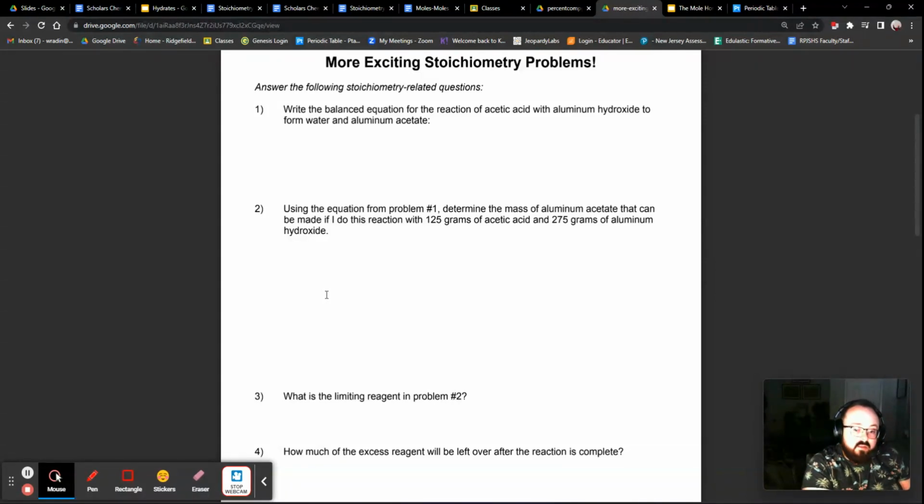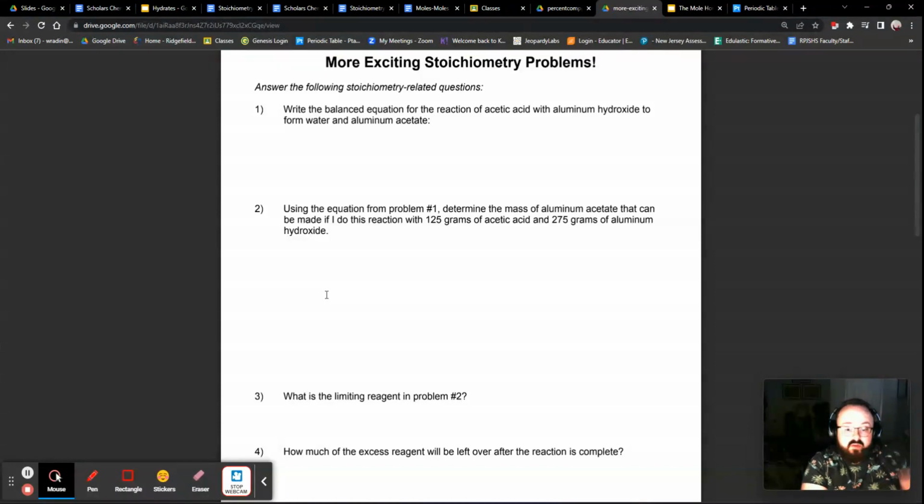If I'm making cookies and I need eggs and I need sticks of butter, right? If I have 2 million eggs but only 1 stick of butter, I'm not making 2 million cookies because I'm going to run out of butter first. That's the concept: you run out of one of your reactants. You just don't have enough to continue the reaction. That's all you can make.